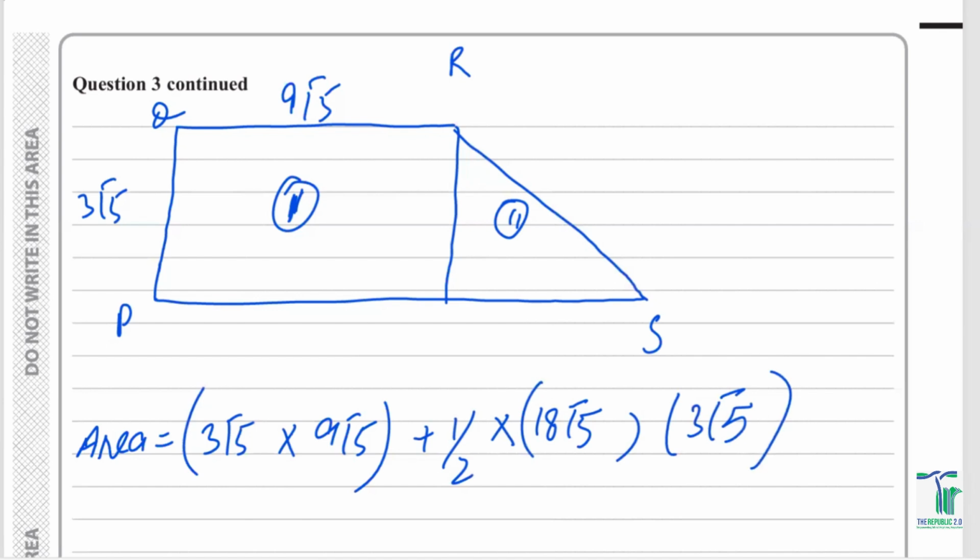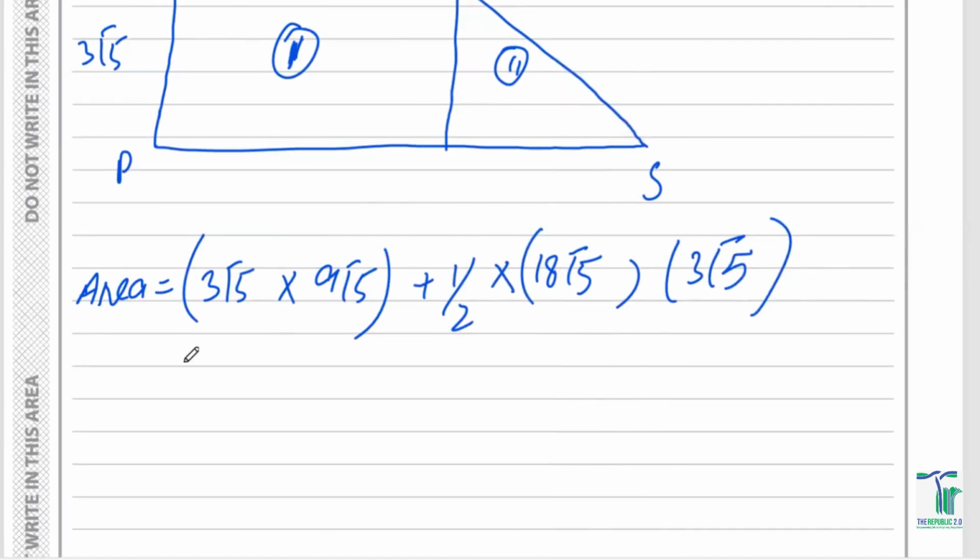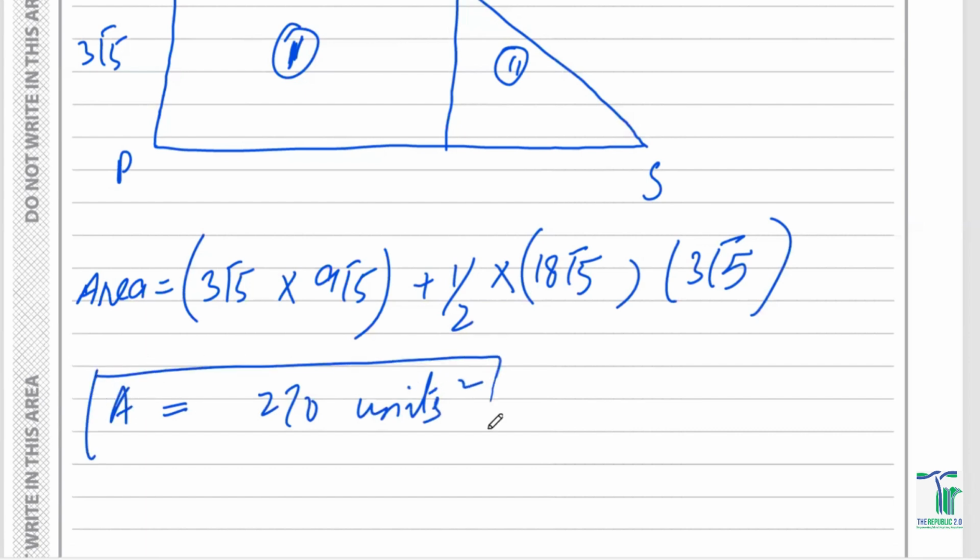At the end of the day, by sorting it down, you would have 270 units square, right? That is how you'll get the area of this shape.